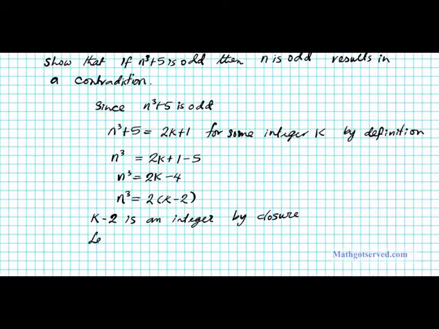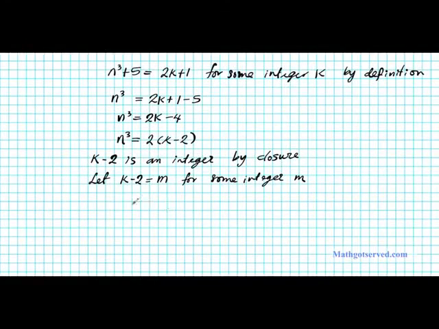Let's give it the letter m, so k minus 2 equals m for some integer m. All right, so what do we have now? We have n to the third is equal to 2m.